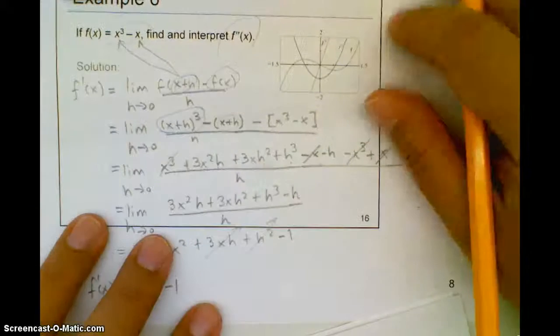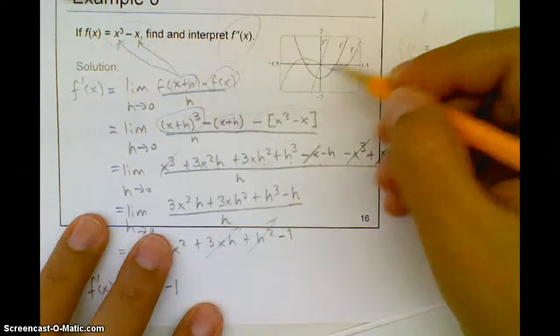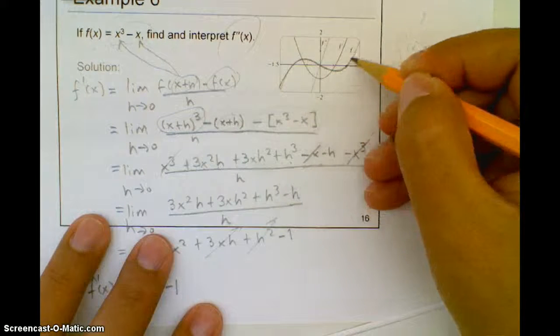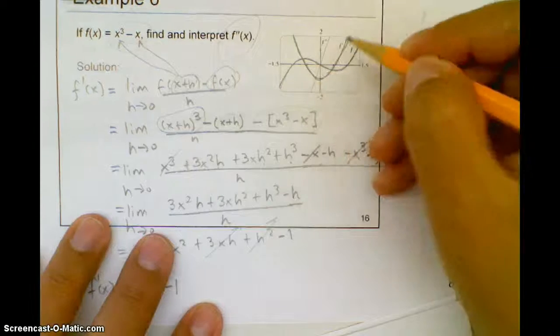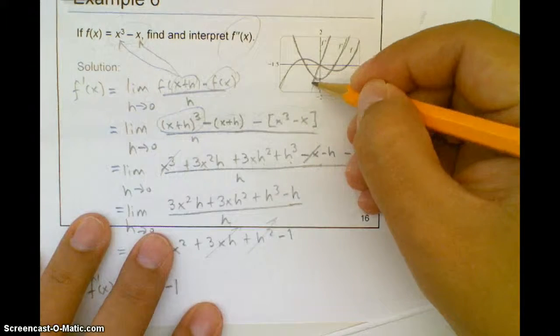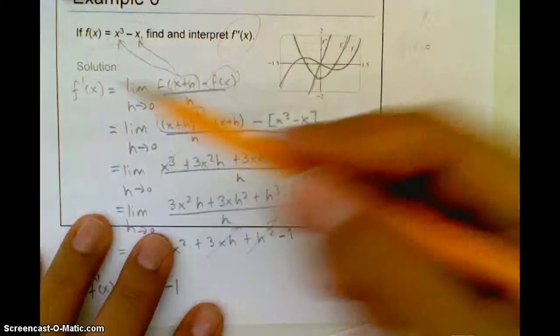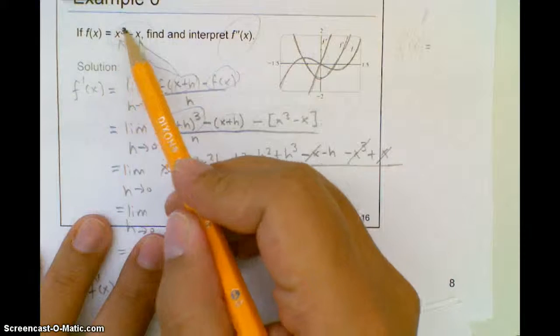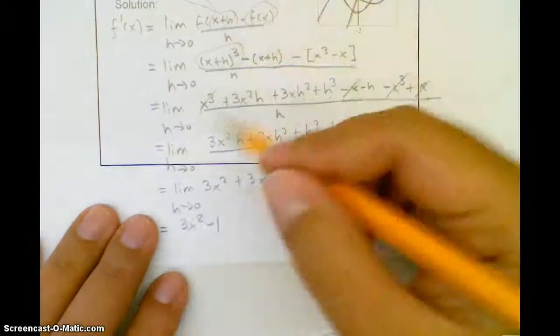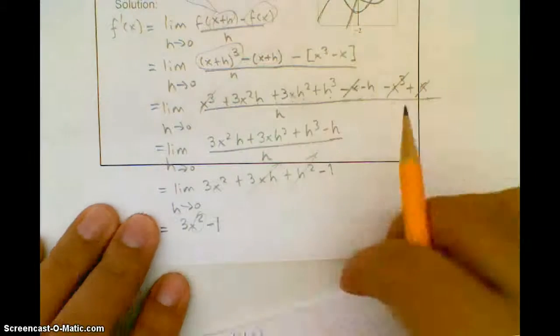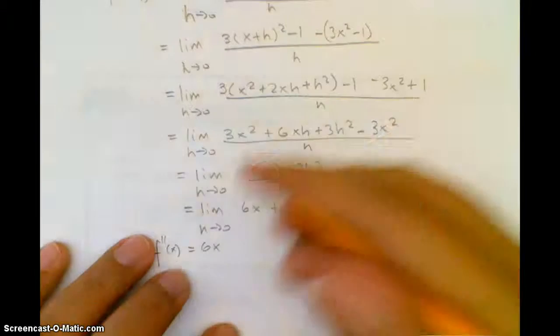So the graph of the three curves are right here. The original function f is this cubic function, the derivative is a quadratic, and the derivative of that is a linear function. So notice how a function that has degree 3, when I take the derivative, gives me a function that has degree 2, and when I take the derivative again, it gives me a function with degree 1.